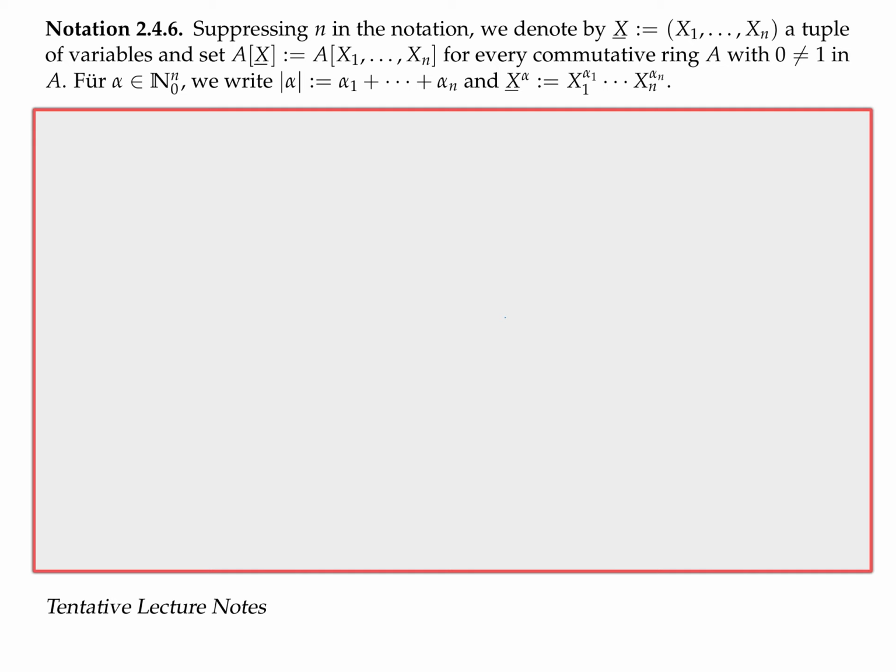And for all alpha in an n-tuple of non-negative integers, this will often serve as a tuple of exponents for a monomial, right?